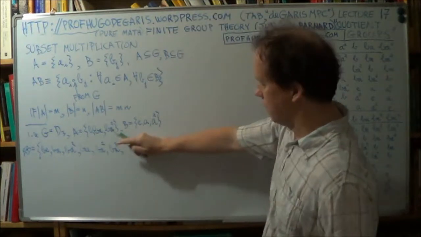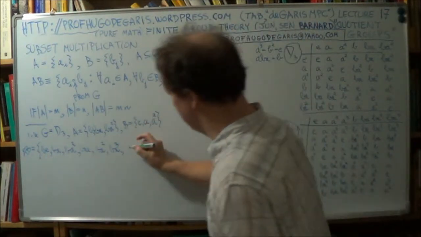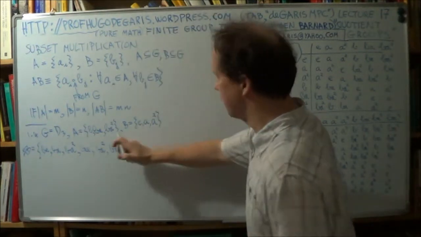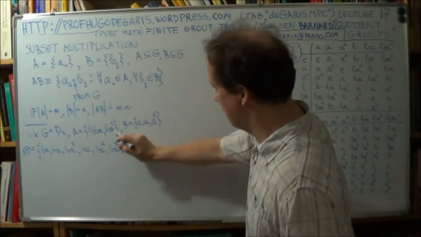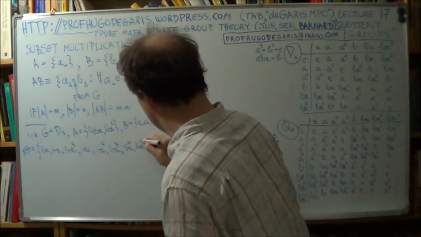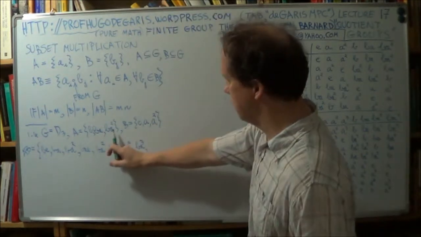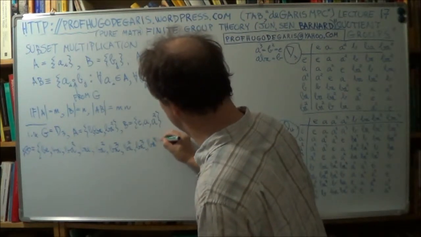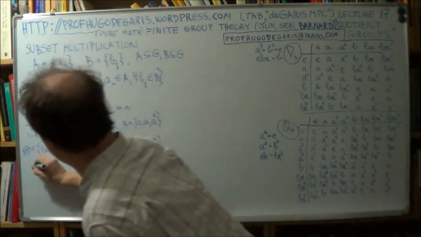Then BA squared E, I won't bother writing in the E's, so that's just BA squared. And here you get BA cubed, and here you'll get BA to the 4th.